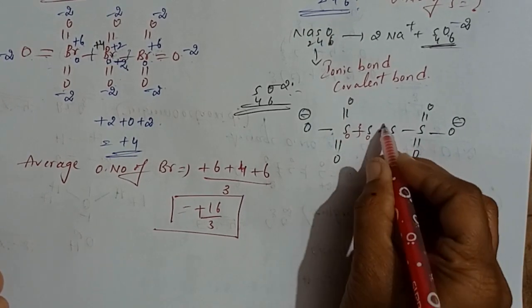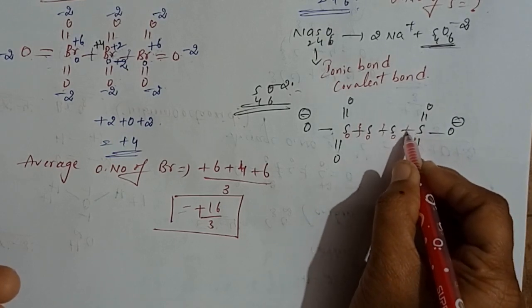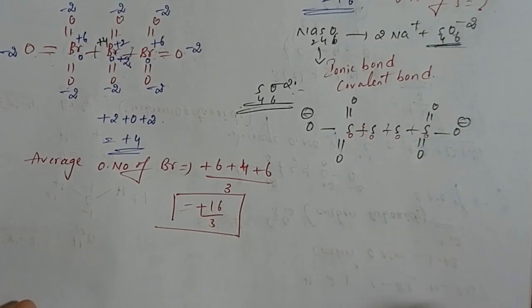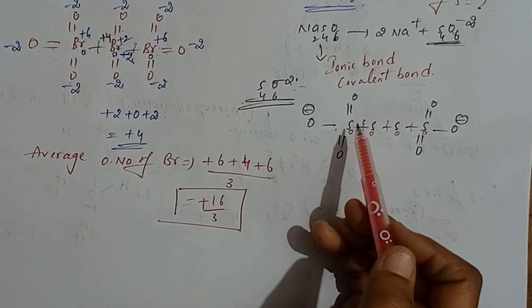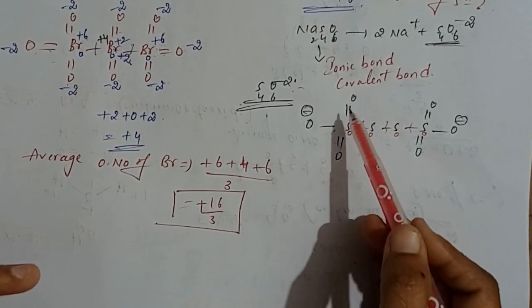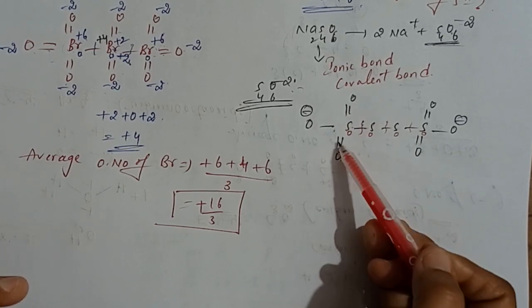Between the same atoms, this bond will break, 0. Now see here, between oxygen and sulfur, just a simple trick, students. Oxygen is more electronegative. How many bonds are moving away from the sulfur? 1, 2, 3, 4, 5.